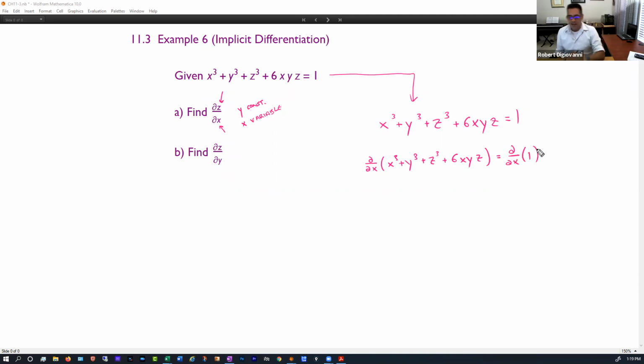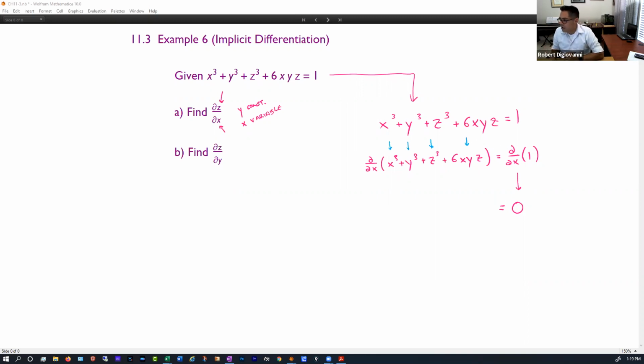Now the right side's easy, right? Because that's a constant. Derivative of a constant is 0. All right, let's start working our way across the left side. We have 4 terms, right, separated by additions. So we can just differentiate term by term.